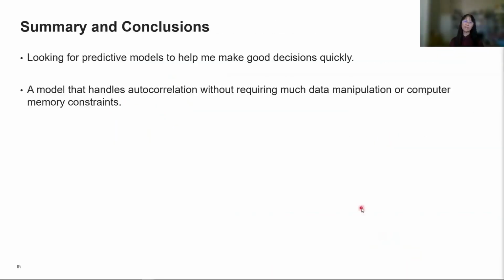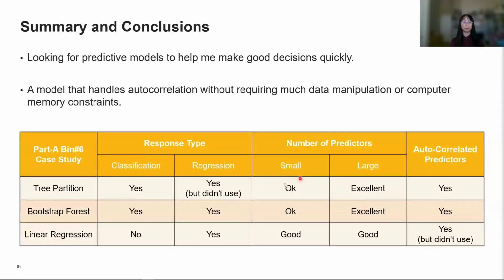So in summary, I'm looking for a predictive model to help me make a good decision quickly, not using the DOE that takes months to get the result out. And this model needs to handle the autocorrelation without a lot of data manipulation or being limited because of the computer memory constraint. So we talked about the tree partition and the bootstrap forest for the categorical data.